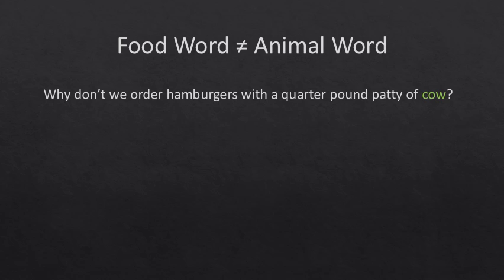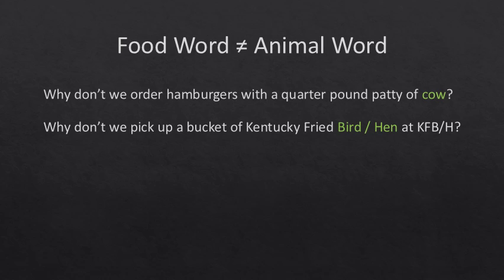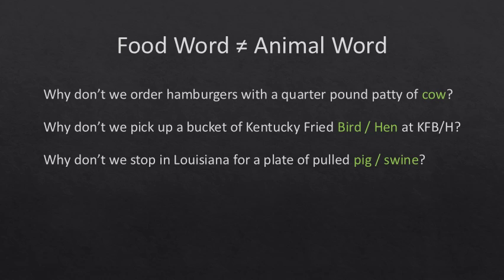For instance, why don't we go to Mickey D's and order a hamburger with a quarter-pound patty of cow? Why not? Why don't we pick up a bucket of Kentucky Fried Bird or Kentucky Fried Hen at KFB or KFH? Yuck, not nearly as appetizing, right?